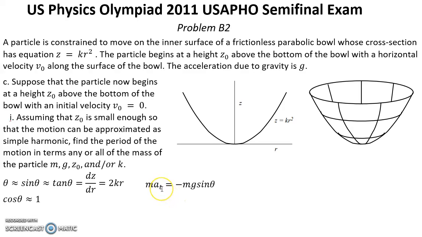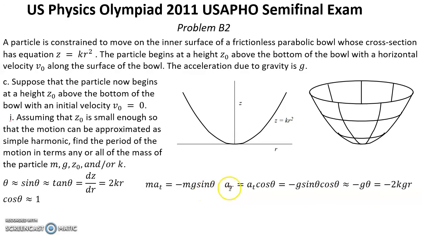And tangential acceleration we can convert to radial acceleration. And for radial acceleration we have this equation. It's equal to tangential acceleration multiplied by cosine theta, which is negative g sine theta cosine theta. And because angles are very small, cosine is about 1, sine theta is about theta, and finally we will get negative g theta, but theta equal 2kr.